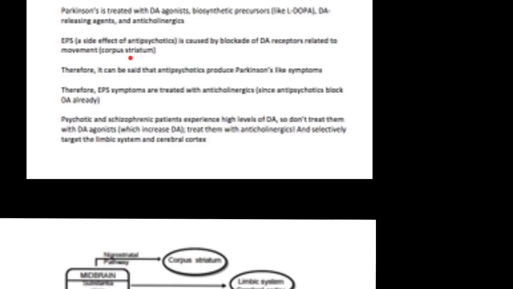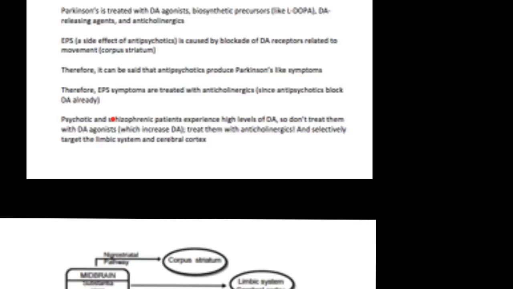Okay, so EPS, a side effect of antipsychotics, is caused by blockade of dopamine receptors related to movement, mediated by corpus striatum. Therefore, it can be said that antipsychotics produce Parkinson's-like symptoms. Since antipsychotics produce EPS, which is caused by a decrease in dopamine, and Parkinson's is caused by a decrease in dopamine, antipsychotics, therefore, produce Parkinson's-like symptoms.